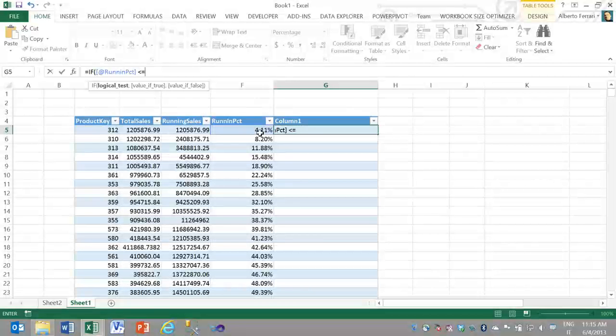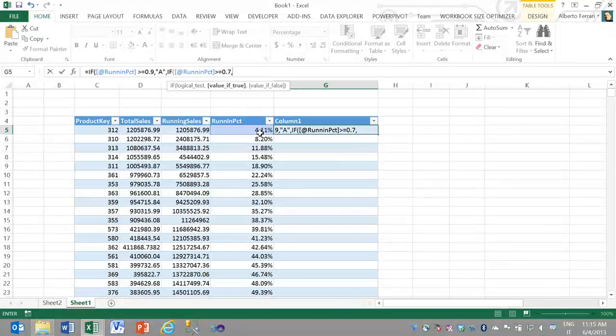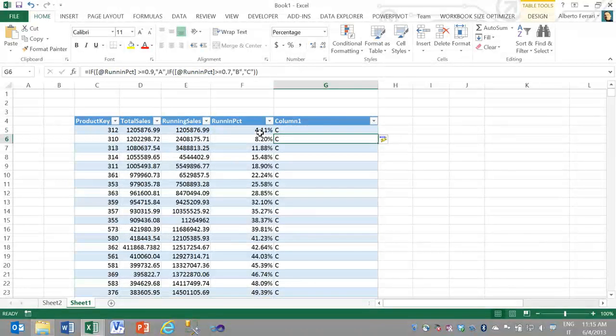0.7, let me write it, I know, greater than 0.9, then we are in class A. Otherwise, if this is greater than 0.7, then we are in class B. Otherwise, we are in class C. Close. It works. It's wrong, but it works.